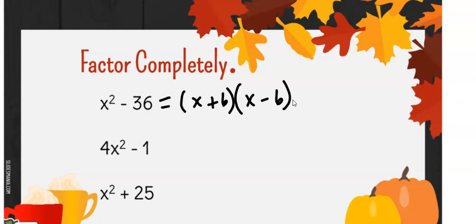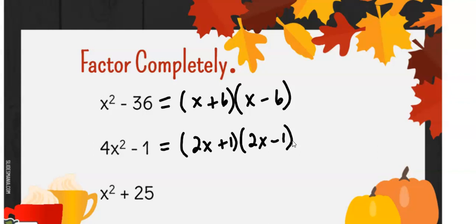So you're noticing that 4 is a perfect square, and you have the x squared. So this is going to factor to 2x plus 1 times 2x minus 1. And again, realize that the order in which you write them does not matter.